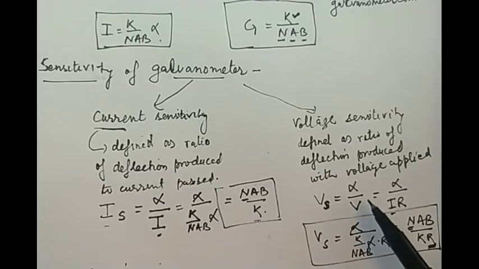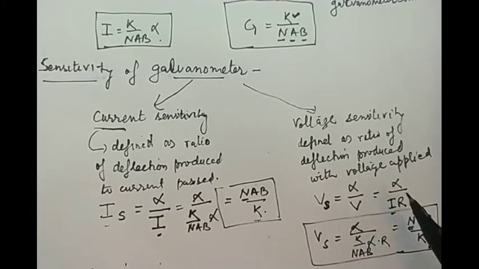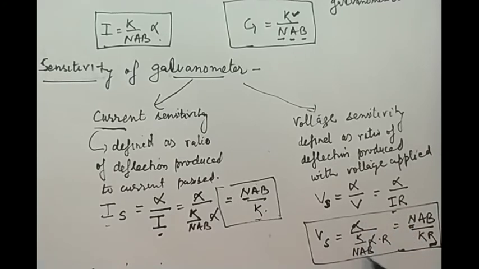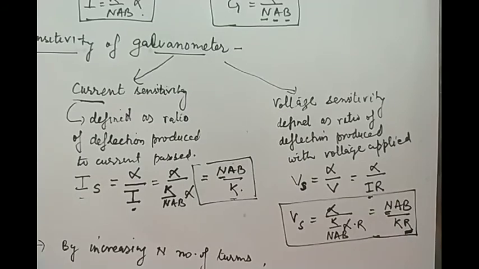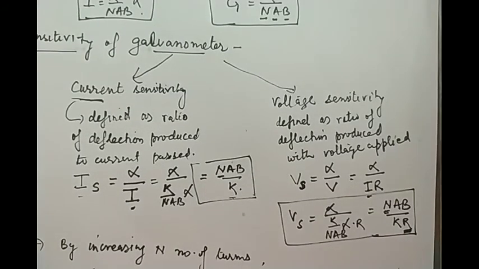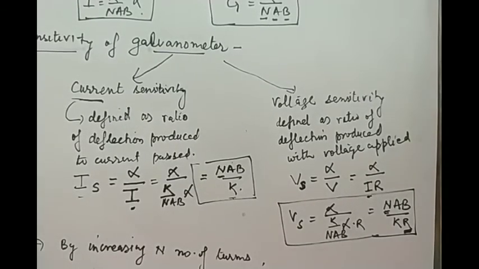That is, when voltage is supplied, how much angle, how much deflection is produced, that is alpha. So alpha is equal to I into R. So the voltage sensitivity becomes, putting the value of current, this answer. Here one more quantity is there, that is resistance. Voltage sensitivity depends upon the number of turns, area of the loop, magnetic field and property of the spring, and also depends upon the resistance of the wire which is wrapped around a core.